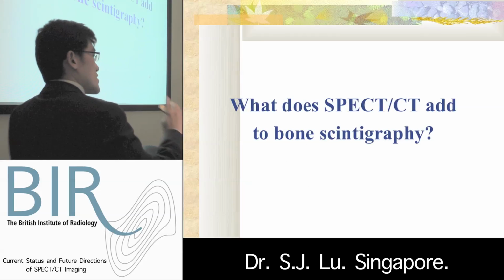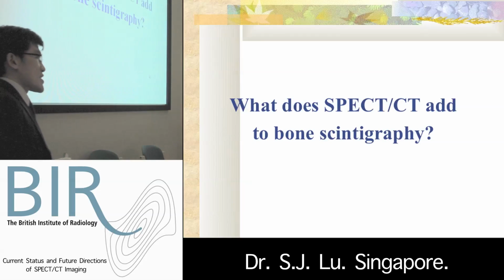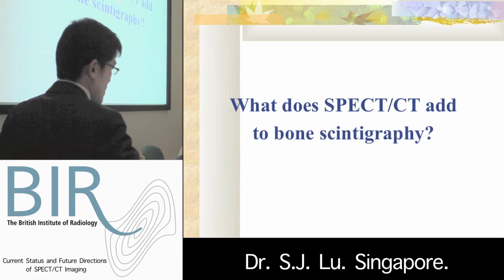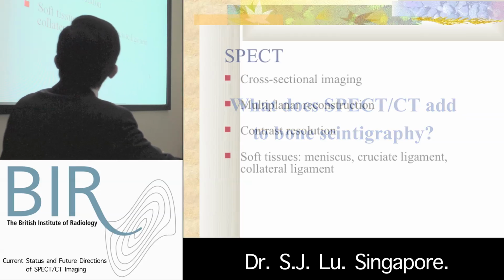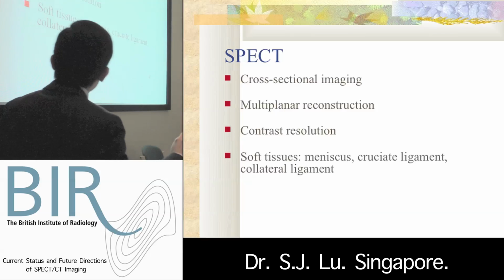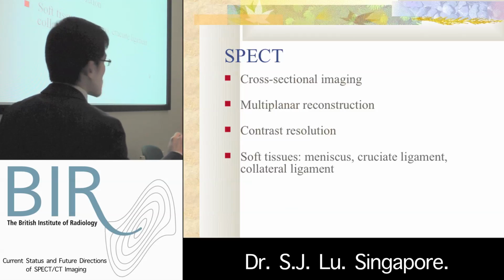So with the strength and limitation of bone scan in mind, what does SPECT add to bone scan? Is it worthwhile to perform a SPECT CT? SPECT allows cross-sectional imaging, multi-planar reconstruction, has better contrast resolution, and is able to assess soft tissues better.